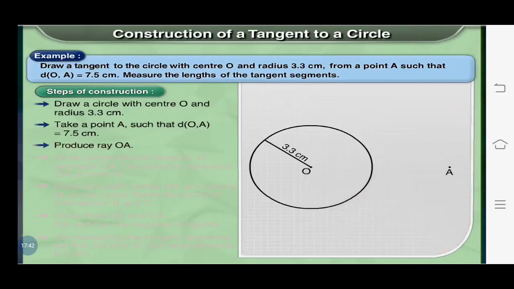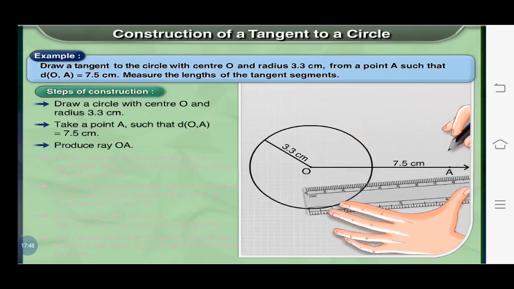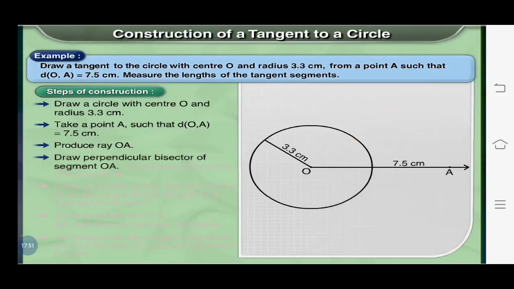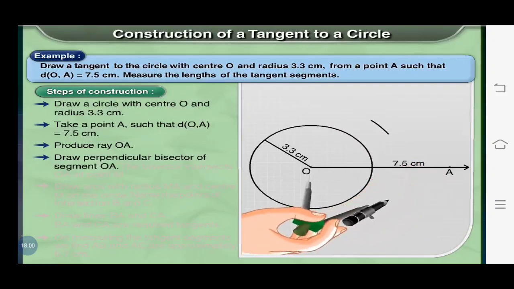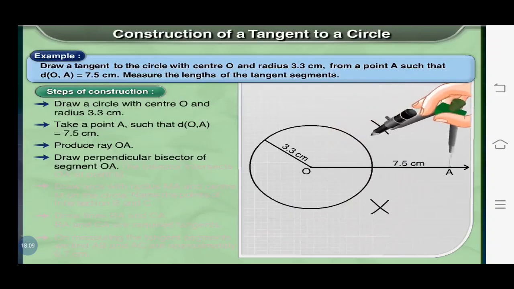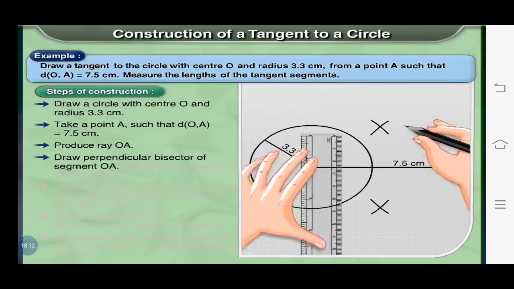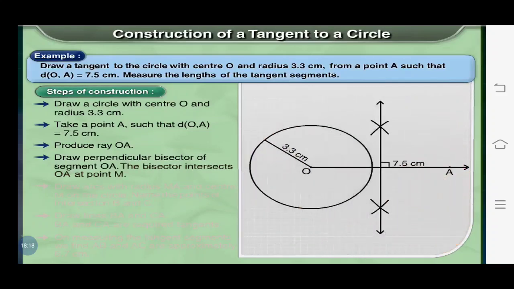Produce ray OA. Draw perpendicular bisector of segment OA. The bisector intersects OA at point M. Draw arcs with radius MA and center M on the circle.